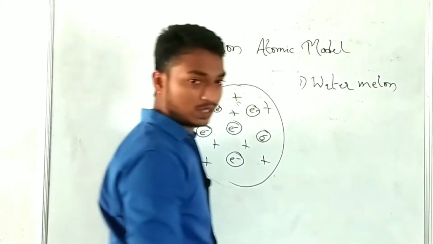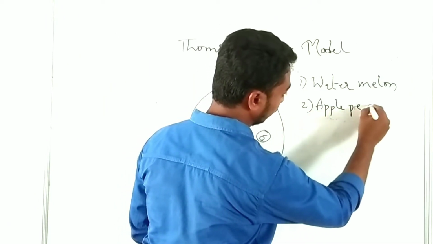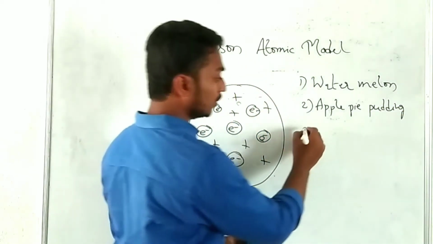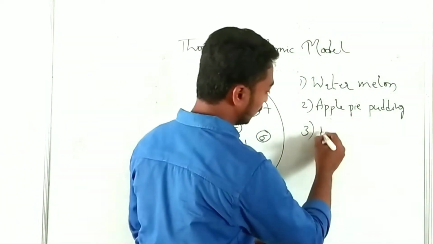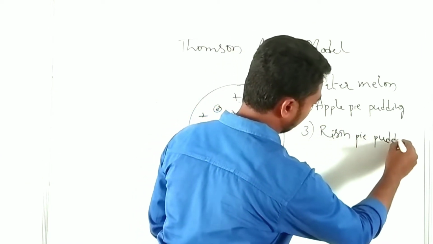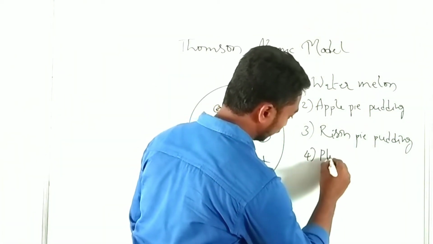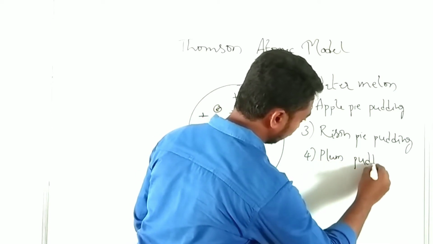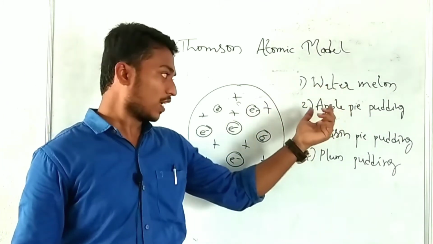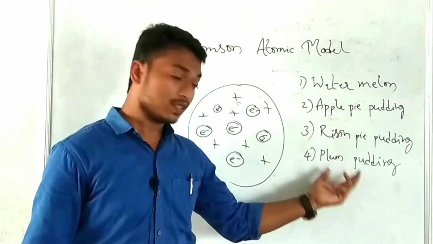It is also known as the apple pie pudding model, another name is the raisin pie pudding model, and another name is the plum pudding model. So the other names of this model are nothing but apple pie pudding model, raisin pie pudding model, and plum pudding model.